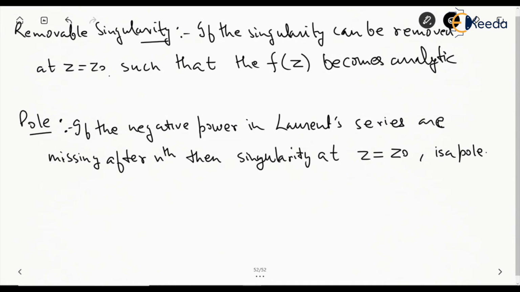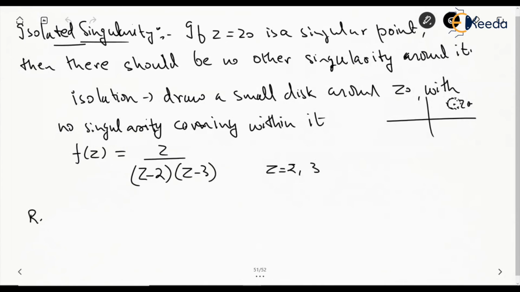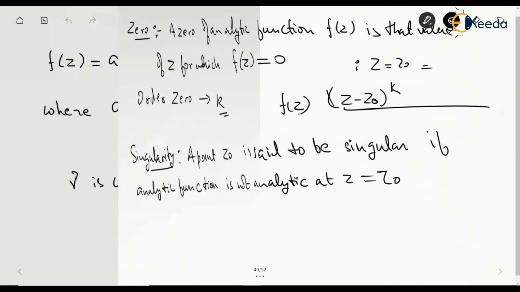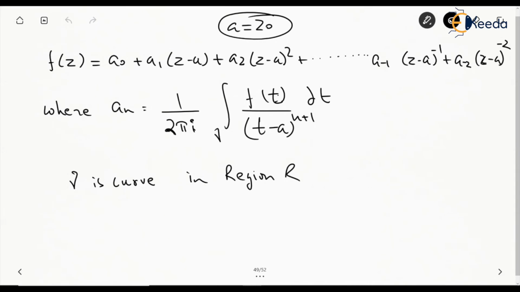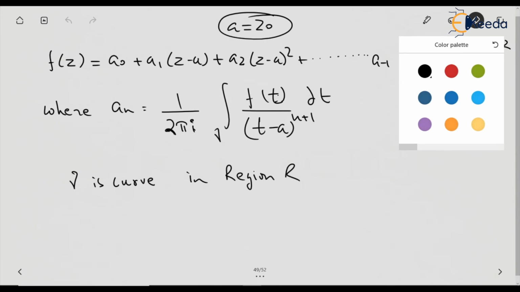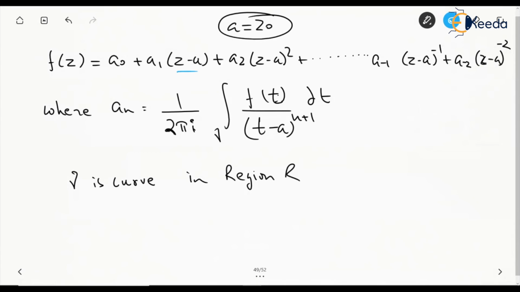That is, in this Laurent series, if we see this, these are the positive powers of z minus a. This is z minus a to the power 1, then 2, and so on. But these terms are having negative powers of z minus a. That is minus 1.